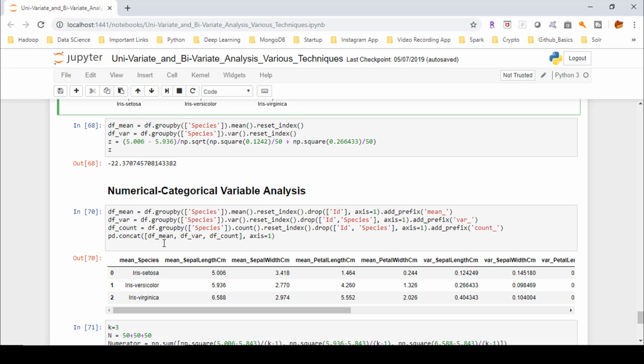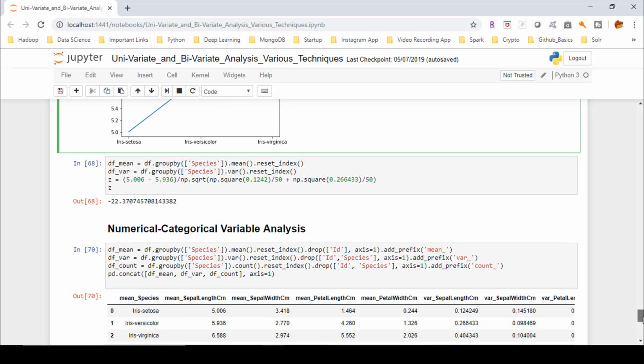Otherwise we could have calculated the t test had the number of observations been less than or equal to 30. So we will be manually calculating the z test in this case. First, I'm creating the mean values.